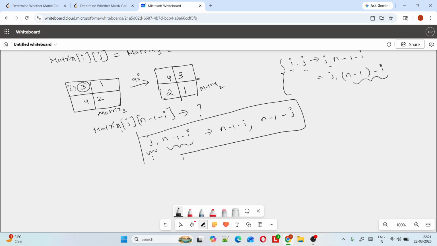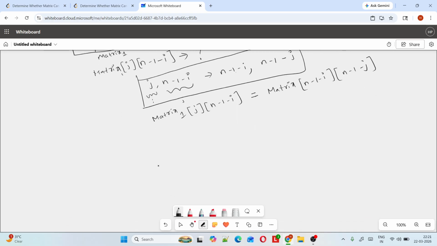That means elements that are present in matrix 1 at j comma n minus 1 minus i is equal to matrix of n minus 1 minus i of n minus 1 minus j.